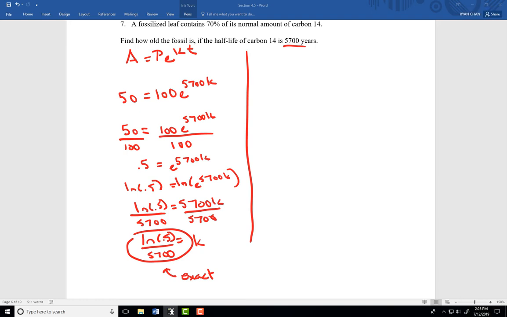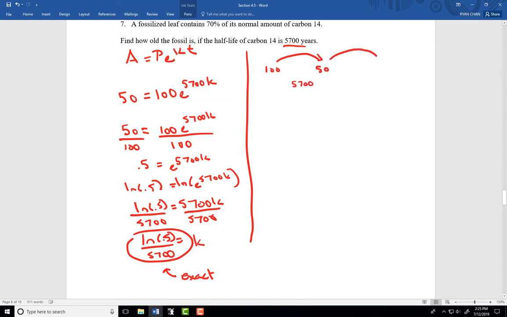So let's talk about this here. You need to understand what having a half-life of 5700 means. We're saying every 5700 years it's cut in half. So the idea is if I have 100 carbon, after 5700 years it becomes 50%.